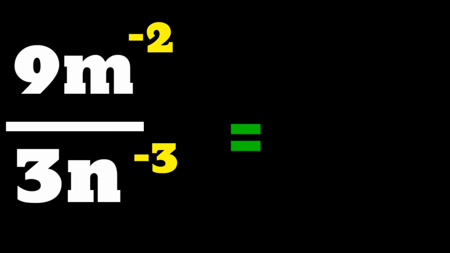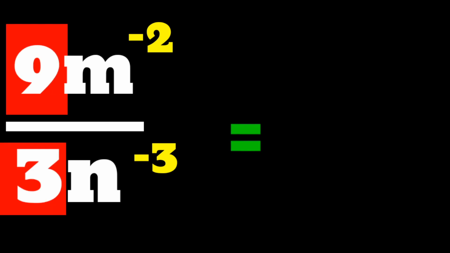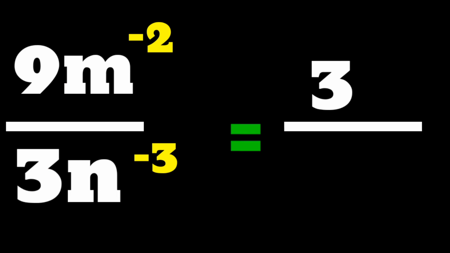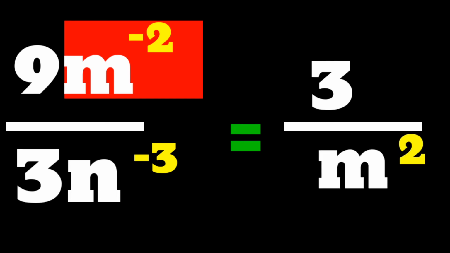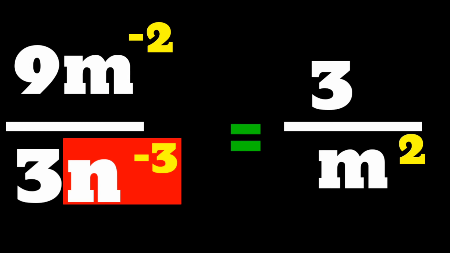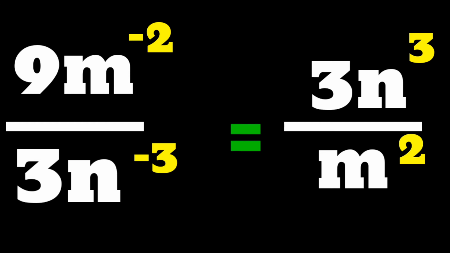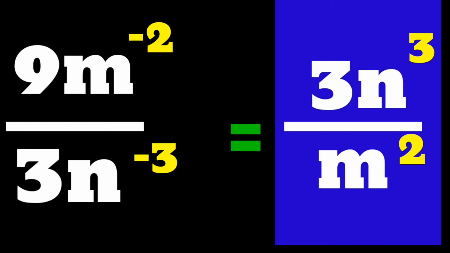Divide first the numerical coefficient: 9 divided by 3 equals 3. Then put m to the negative 2 power in the denominator and put n to the negative 3 power in the numerator. So the final answer is 3n cubed over m squared.